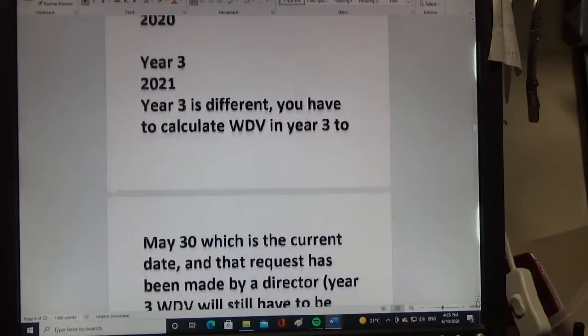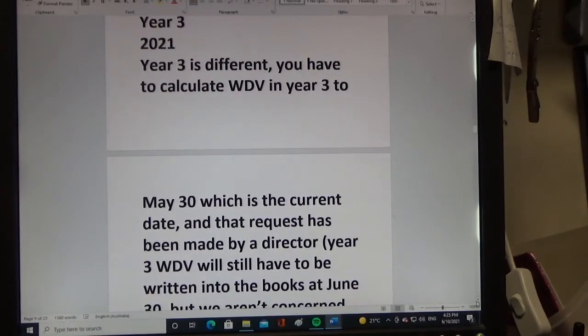Now, remember that year 3 is a little bit different. We're not doing the written down value to the balance day, June the 30th. The director needs this information for May the 30th. So what you have to do now is set up a ratio of the time period that's elapsed from the previous July the 1st, the start of the financial year, and I know in the United States their financial year is the whole year.